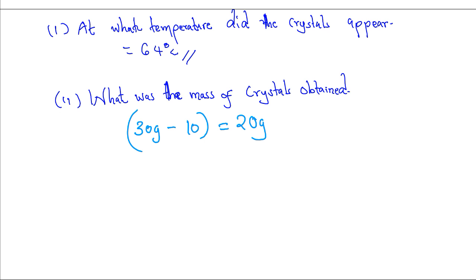Now, the solubility at 25 is 10 grams. We are saying that the solution had 30 grams of the solute and therefore 20 grams of solute will crystallize.